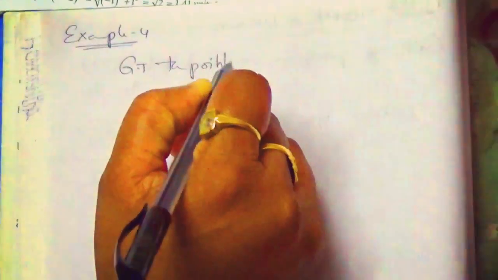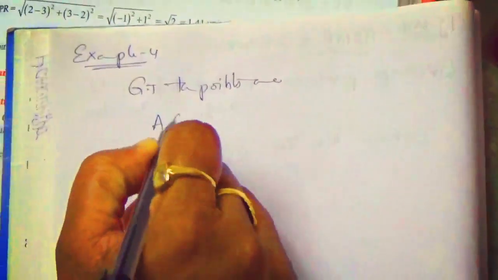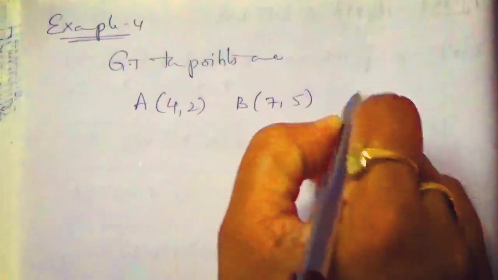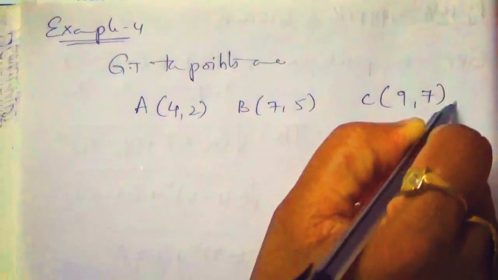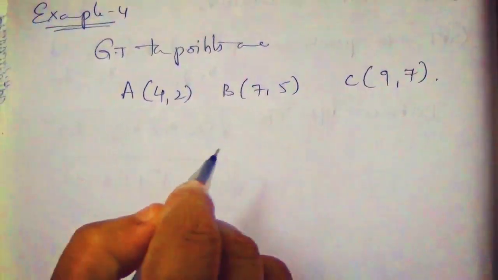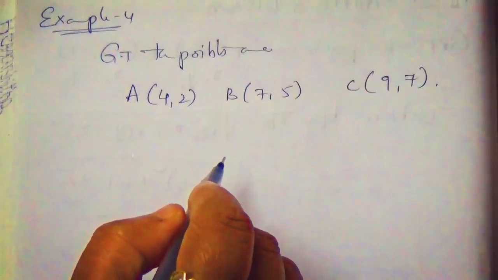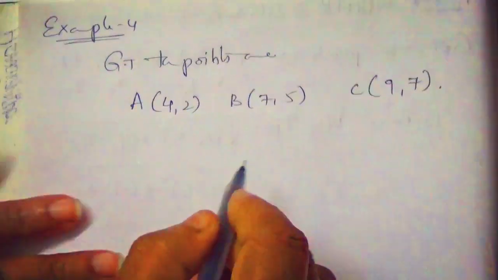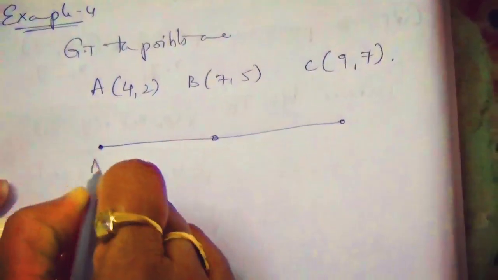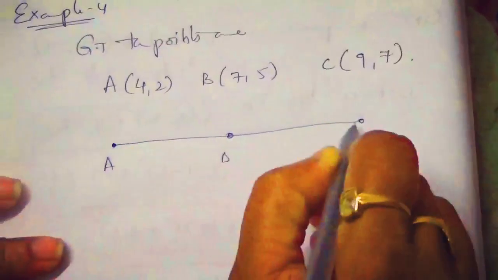So first of all, in example 4, the given points are A (4, 2), B (7, 5), C (9, 7). For collinear, all the points have to be on the same line. We have to prove that the points lie on the same line, that is, A, B, C on the same line.